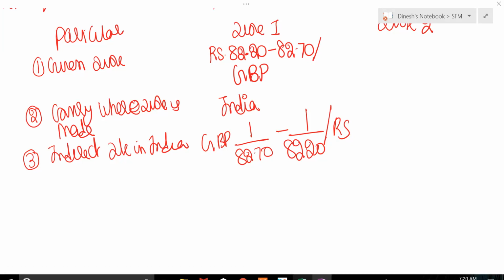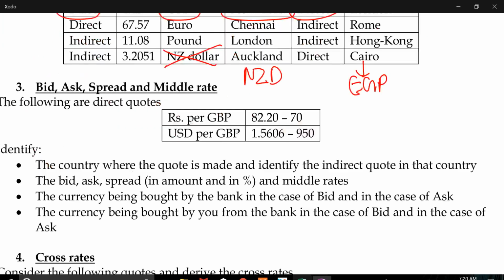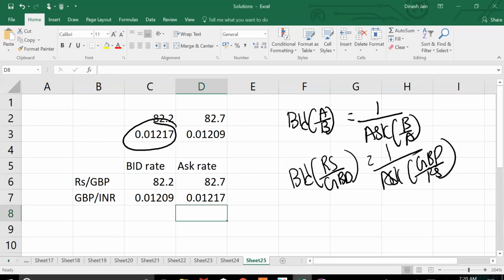You can write it as a 4-5 decimal number. GBP 1 by 82.70 and 1 by 82.20.